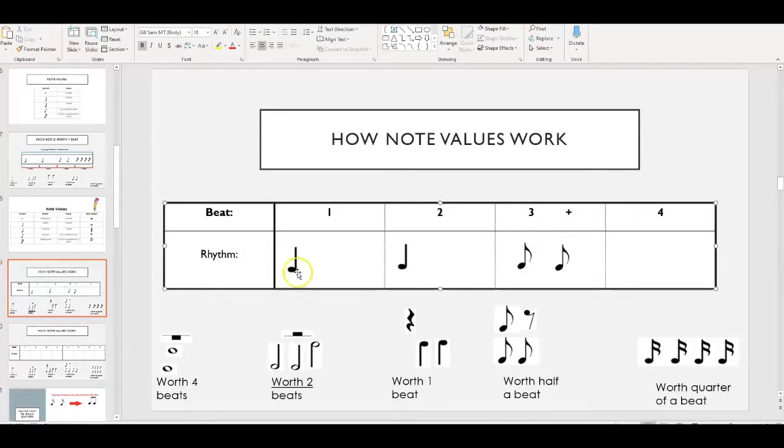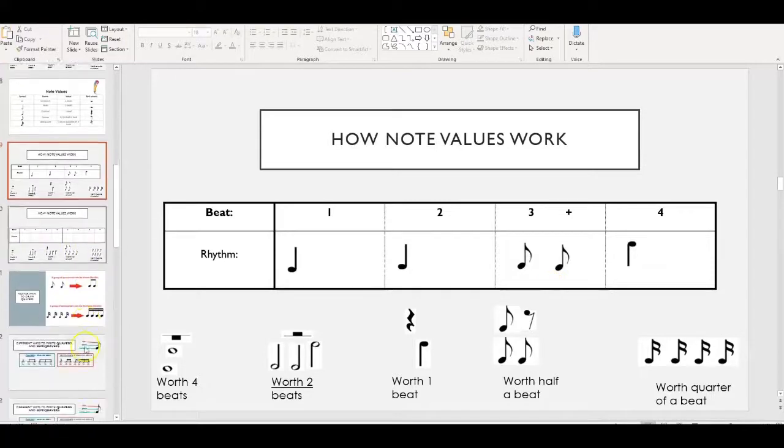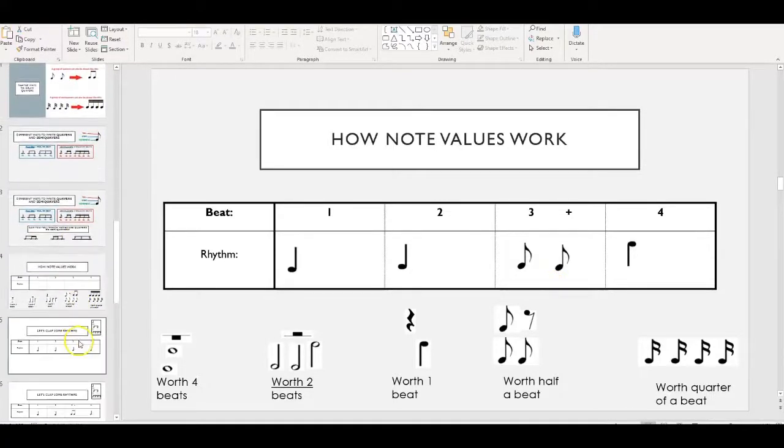So 1, 2, 3, and I haven't got a note in that last bar, so let's put a crotchet. Okay, 1, 2, 3, and 4. 1, 2, 3, and 4. Now, as we get to some of these faster notes, I like to use some guidance words just to help clap these rhythms.